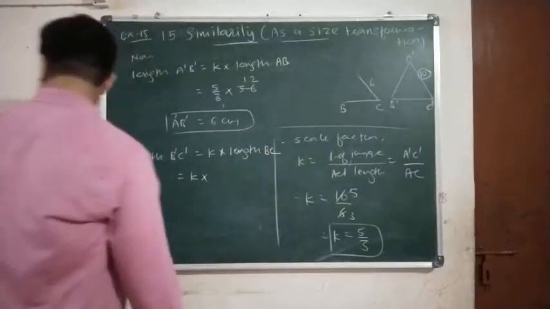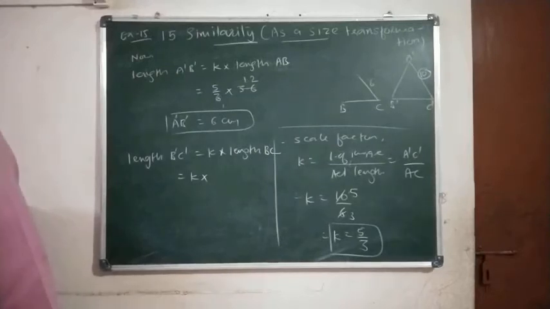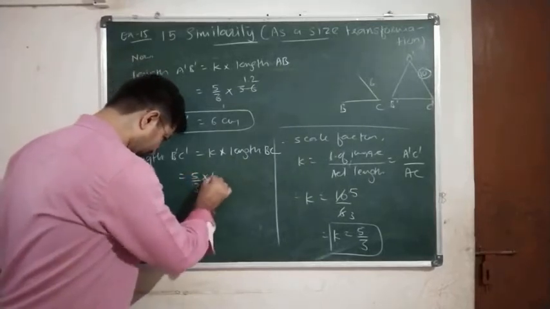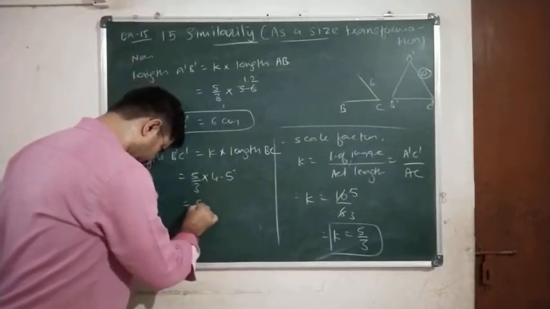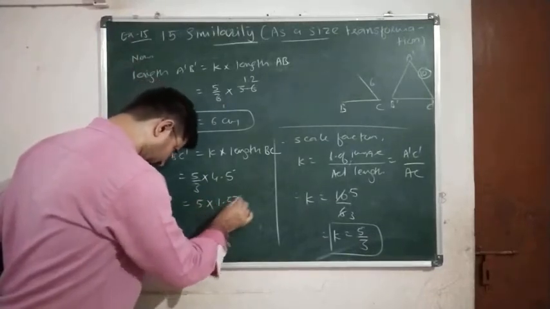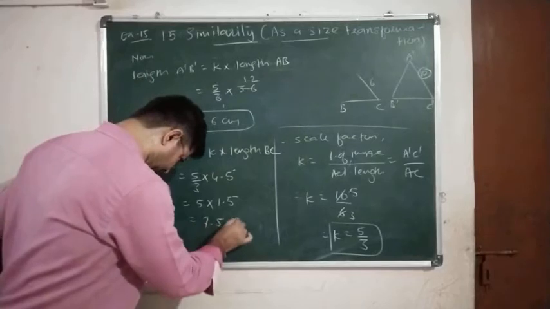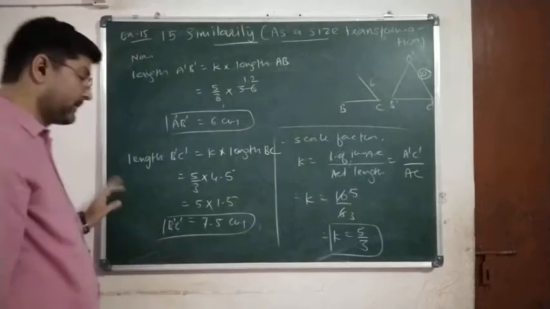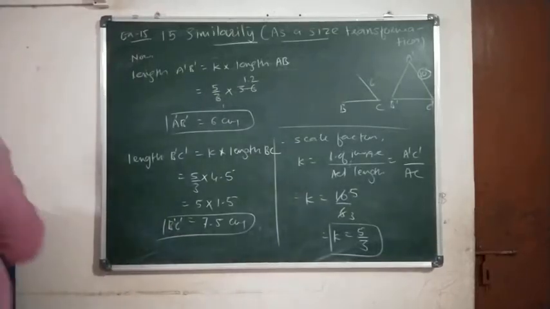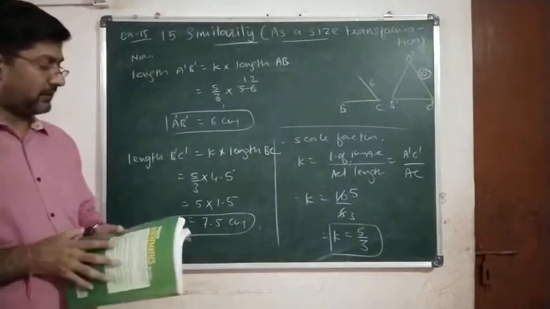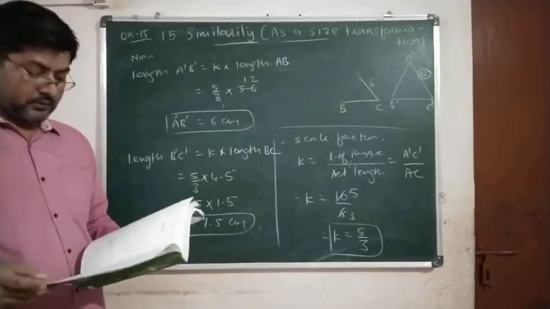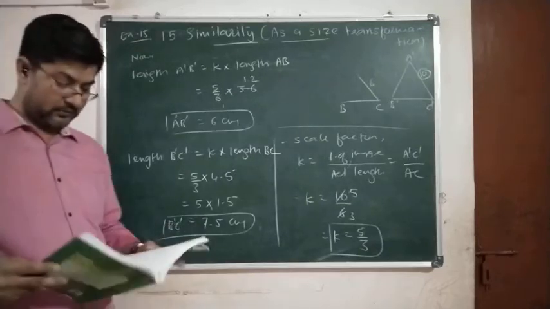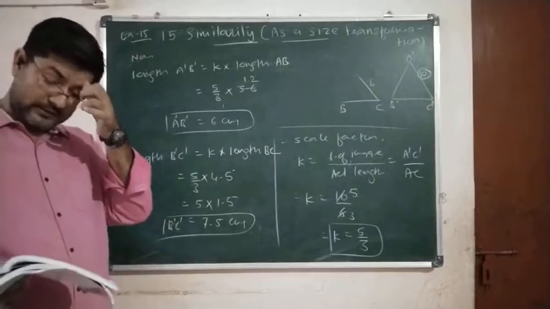So K into what is the length BC? Let us check in the question. Okay, BC is 4.5. Value of K is 5 by 3 and 4.5, so 5 into 1.5, so 7.5 centimeters. This is B'C'. Clear? So we got the three required answers. Number 1, K scale factor, which is 5 by 3, A'B' is 6 and B'C' is 7.5. Clear? So with this the first question of exercise 15 is over.